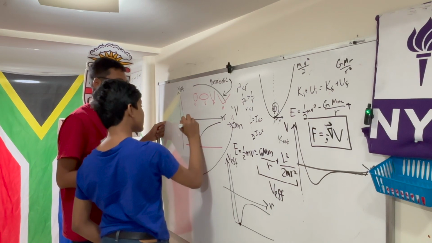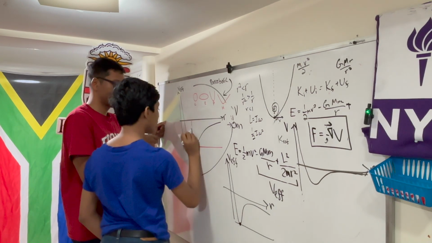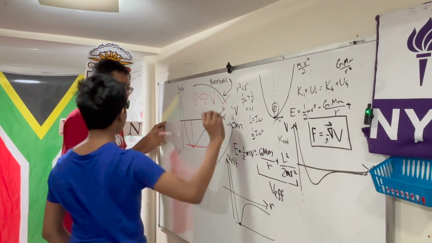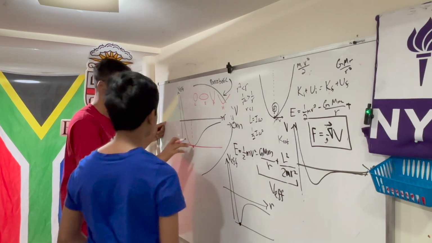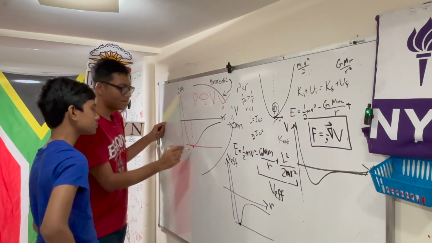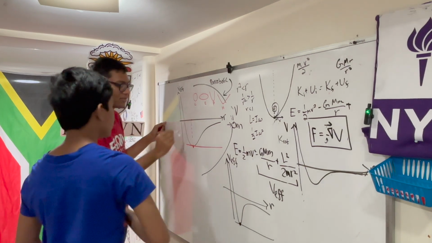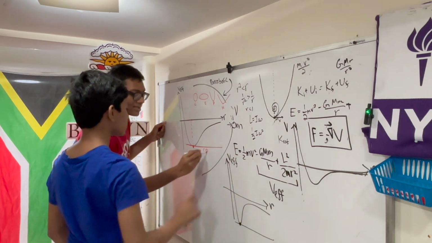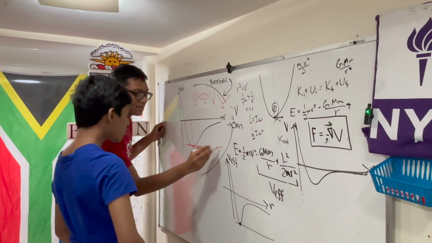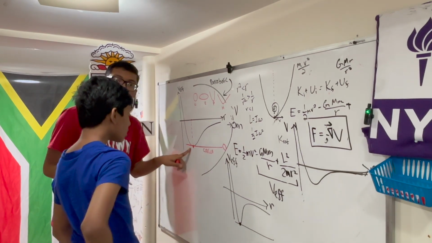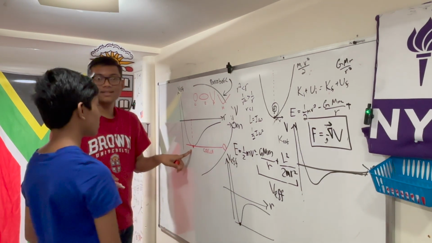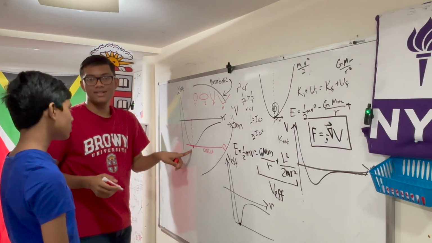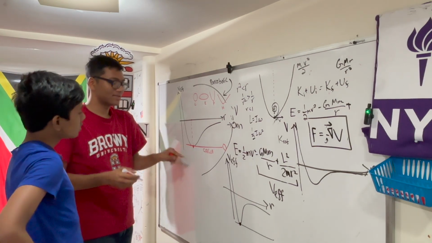A parabola only has one vertex, and then it keeps trailing off. But there's only one maximum radius. This is actually a circular orbit, because a circular orbit has the least energy in physics.